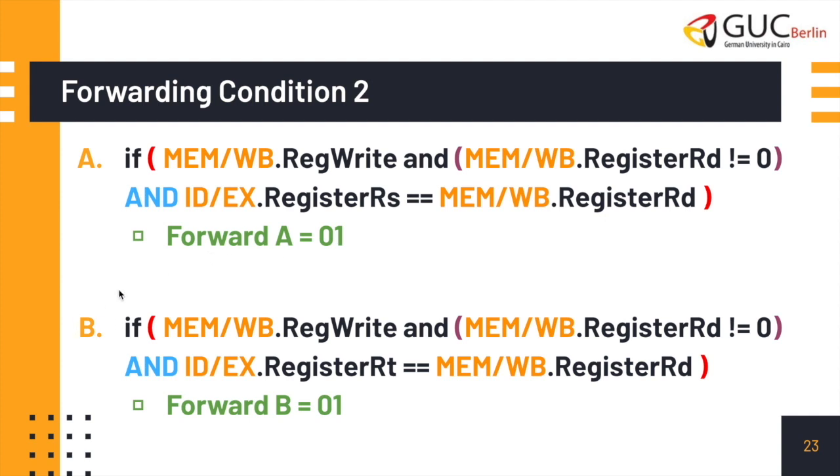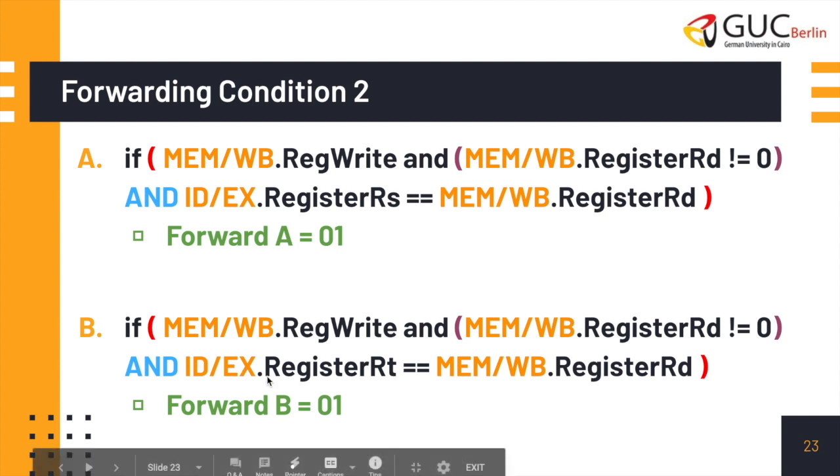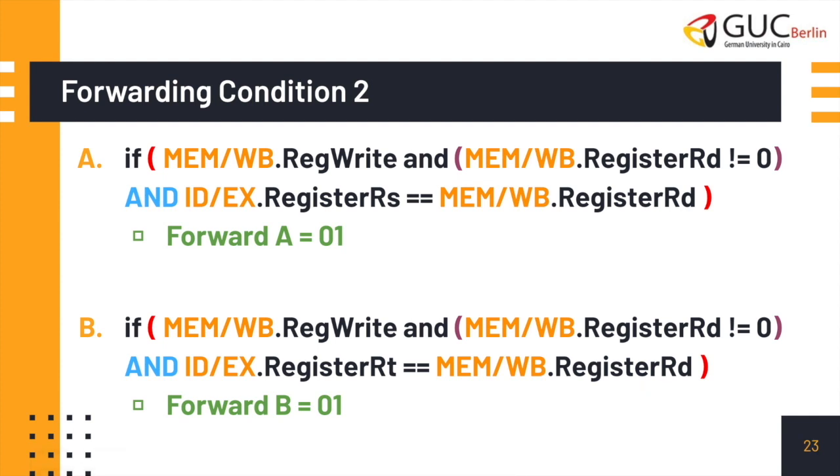The second condition 2B, if mem/writeback.reg_write, meaning that the reg_write is 1, I'm going to write to the register file, and mem/writeback.register_rd is not equal to 0, meaning that my destination register is not register 0, and id/ex.register_rt is equal to mem/writeback.register_rd, meaning that the rt of instruction n plus 2 is equal to the rd of instruction n.